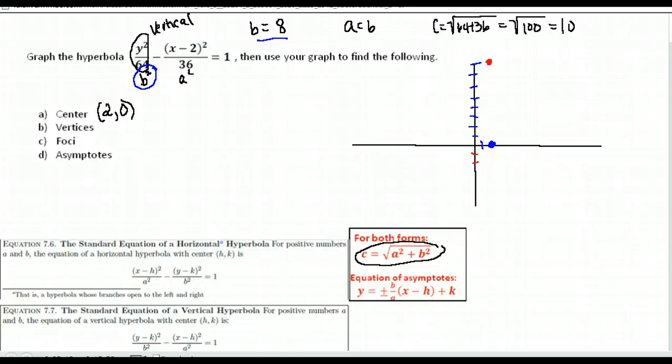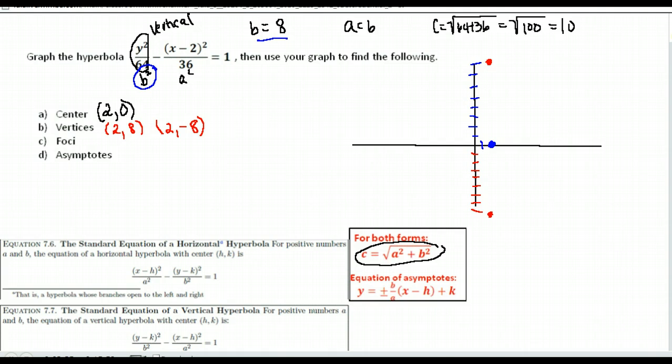Go down 8 from the center to put the other. Okay, so notice my vertices are changing my y values, but not my x values. So my vertices are at (2, 8) and (2, -8). I added and subtracted 8 from the y value of my center.